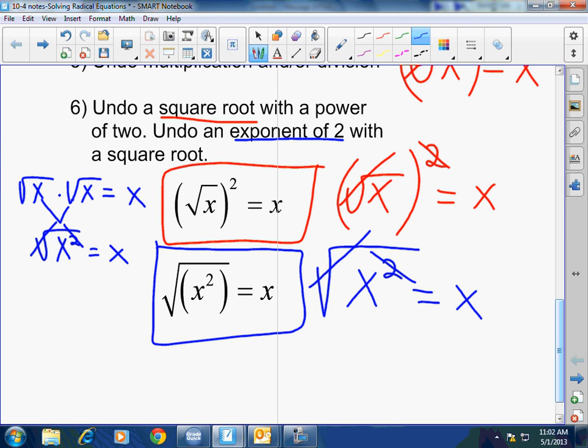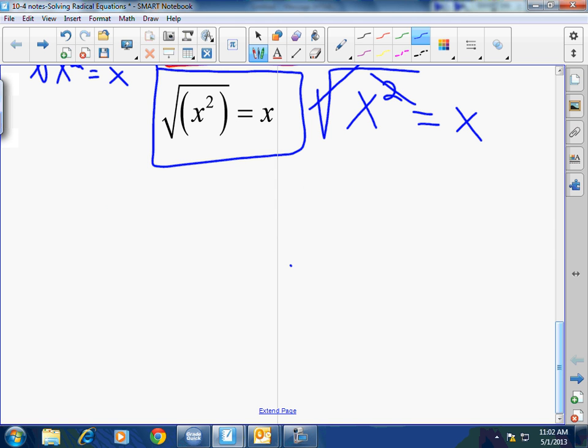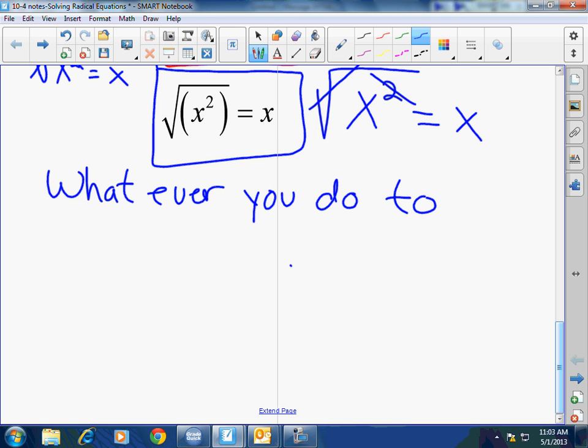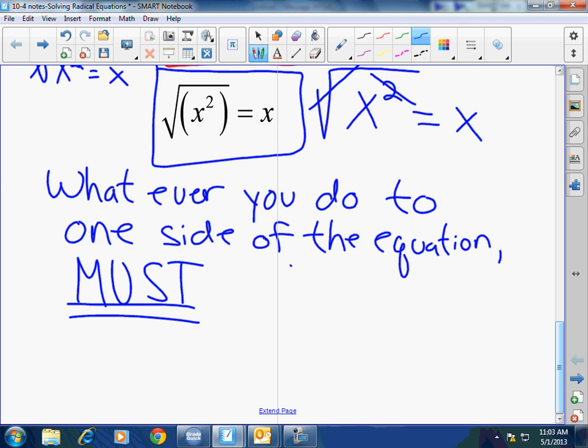And remember, one last thing, very important. Please remember, whatever you do to one side of the equation must be done to the other side.